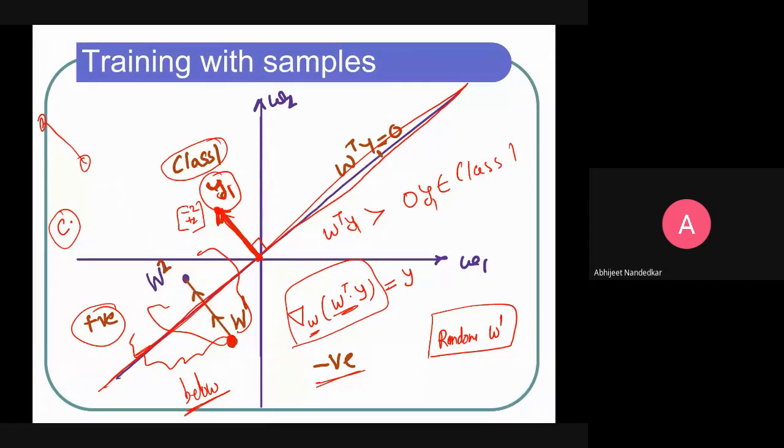So if I start with this W and I travel only this much in the first iteration, then you will find in the second iteration this sample y1 is still misclassified. Then again you will adjust your weight in this direction so that you reach properly and classify that sample.